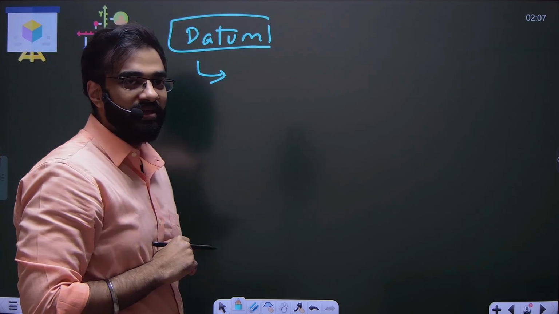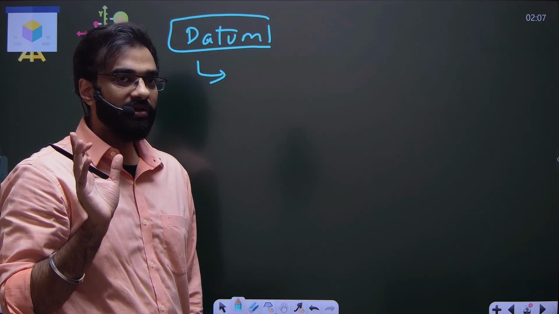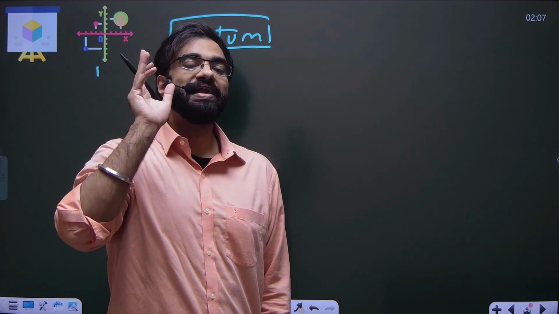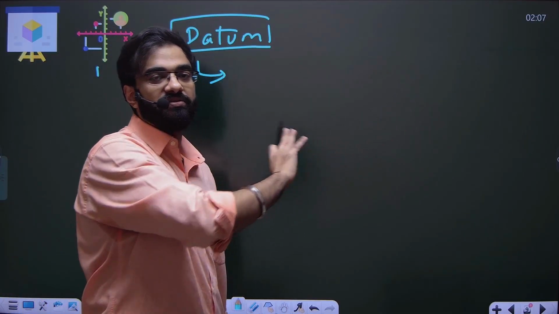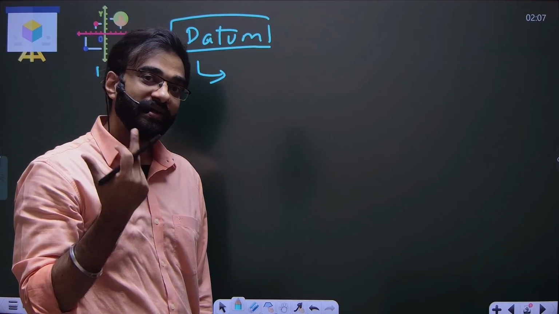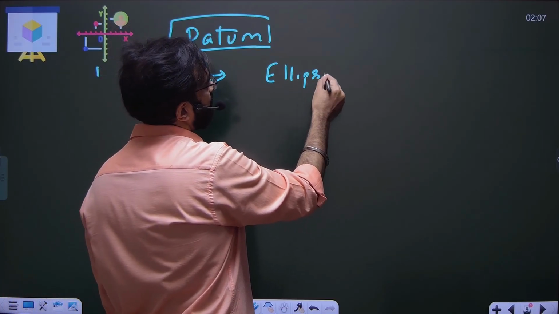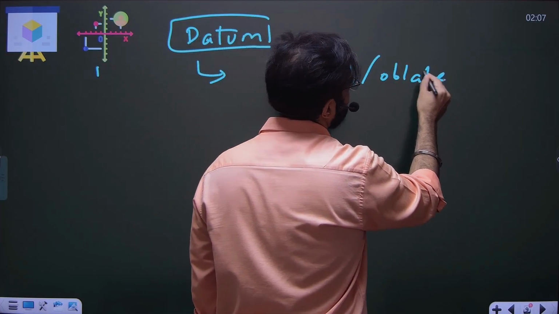It is actually a framework or mathematical model that defines the position, location, and extent of Earth in space, in 3D space. And what is that shape? It is a type of ellipsoid, or we can say oblate spheroid.